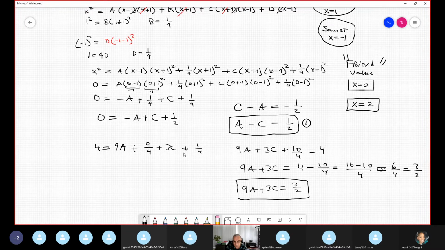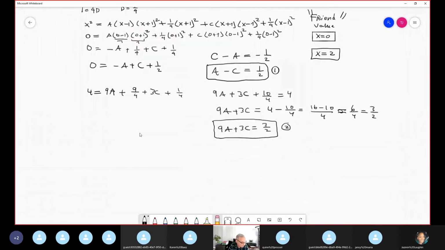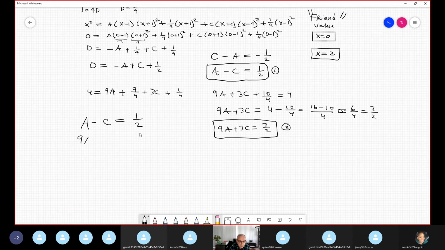Okay, not bad. At this moment, I have two equations, two unknowns. I solve this the traditional way. For example, I make a decision, I don't know if it's good or not, to apply elimination, and multiplication by 3 to this equation.